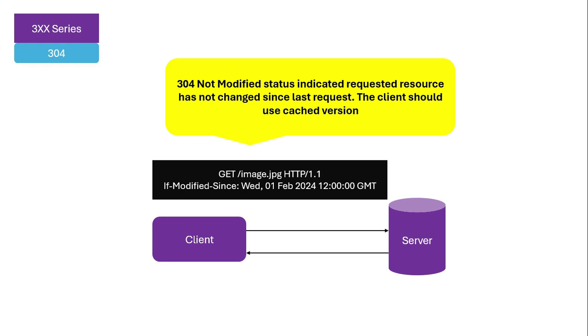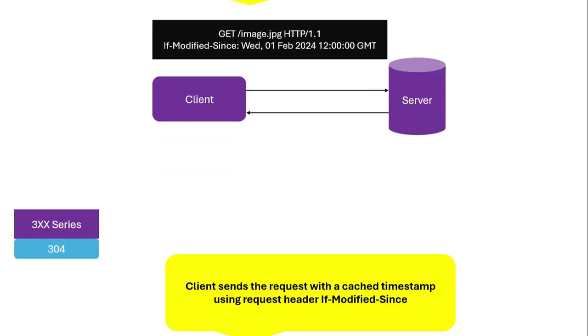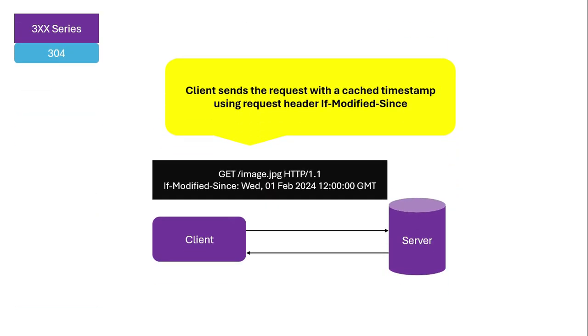Let's take a look at 304. The 304 Not Modified status indicates the requested resource has not changed since the last request, so the client should use a cached version. Here you're using a GET request, let's say for downloading an image, and you have also cached this specific image. The client sends the request with the cached timestamp using the If-Modified-Since header.